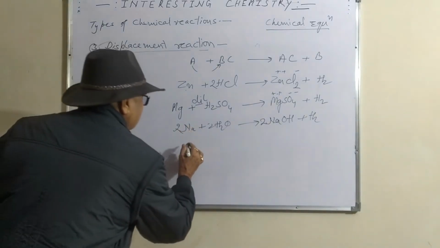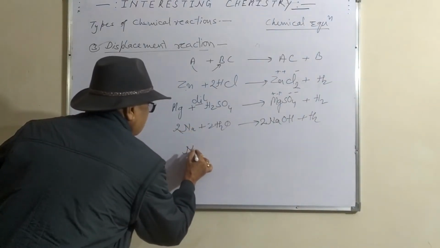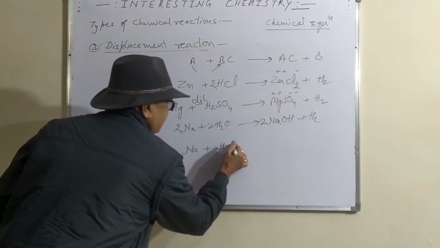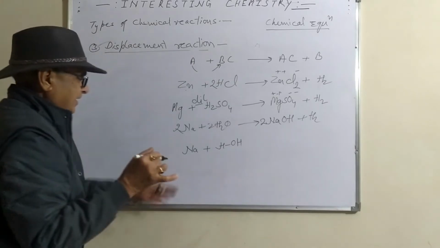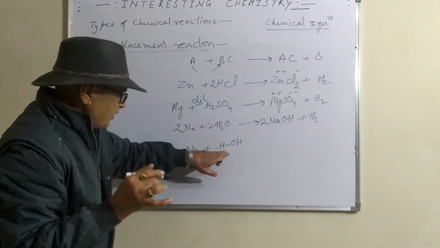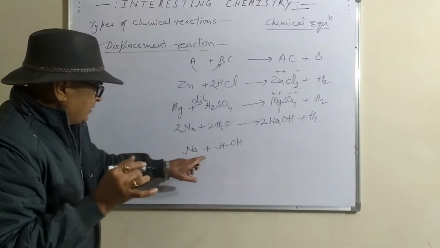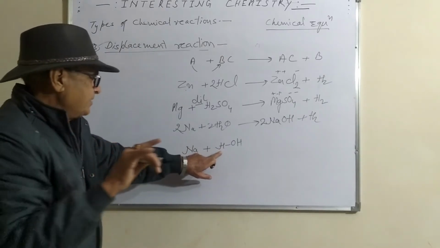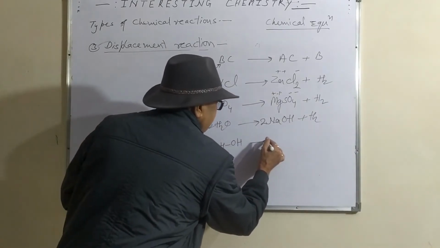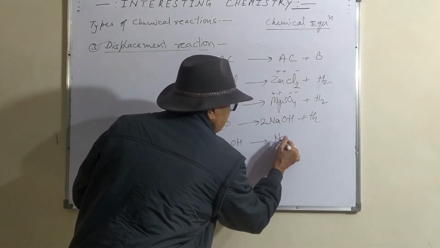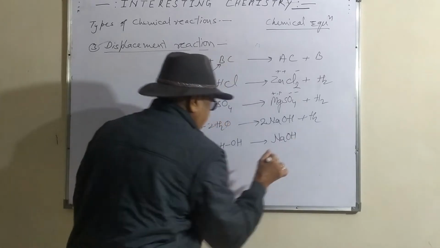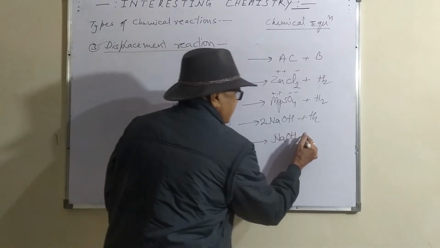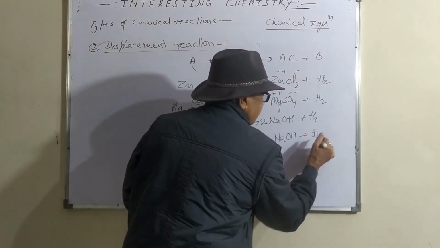Suppose this is Na, and the H2O is here. H2O you can write in the form HOH. So Na will replace hydrogen. Here the formula of sodium hydroxide is NaOH, and the H is displaced.